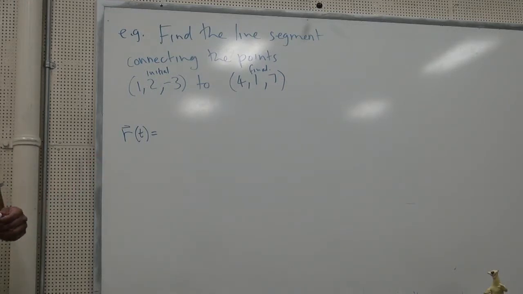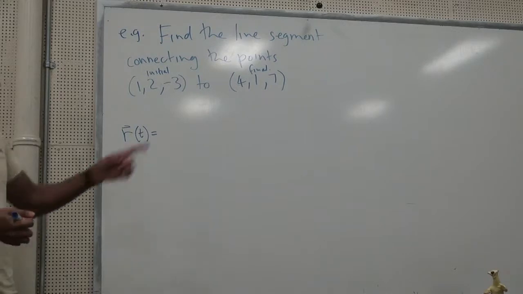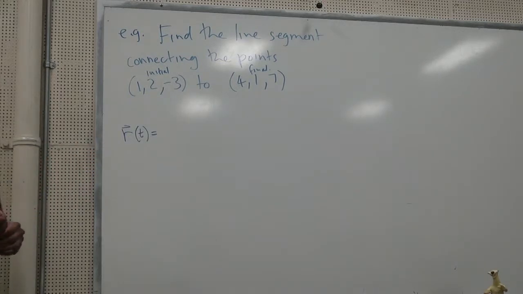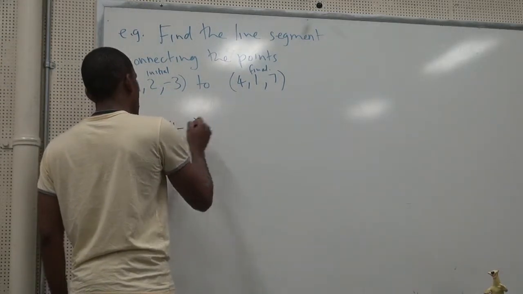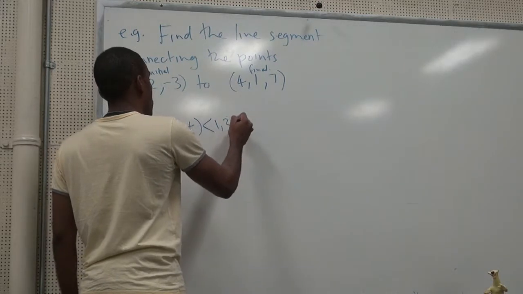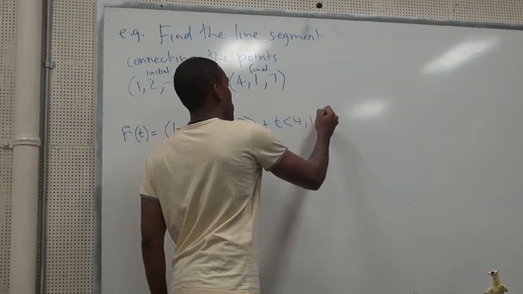It's 1 minus t times the vector 1, 2, minus 3, plus t times the vector 4, 1, 7.